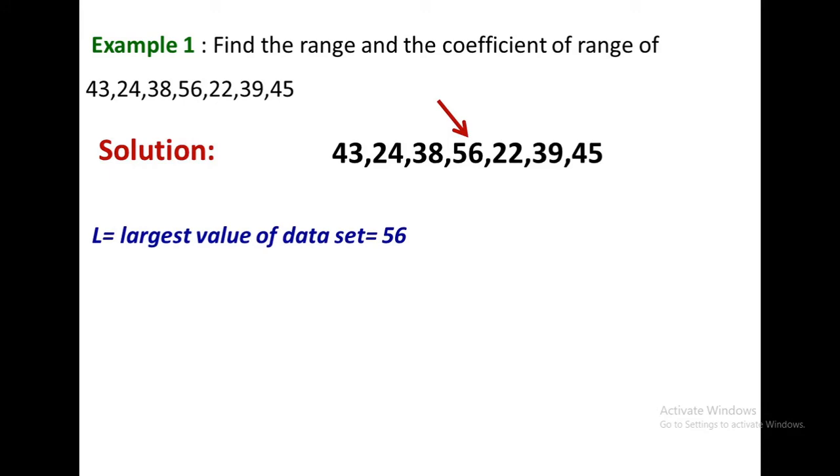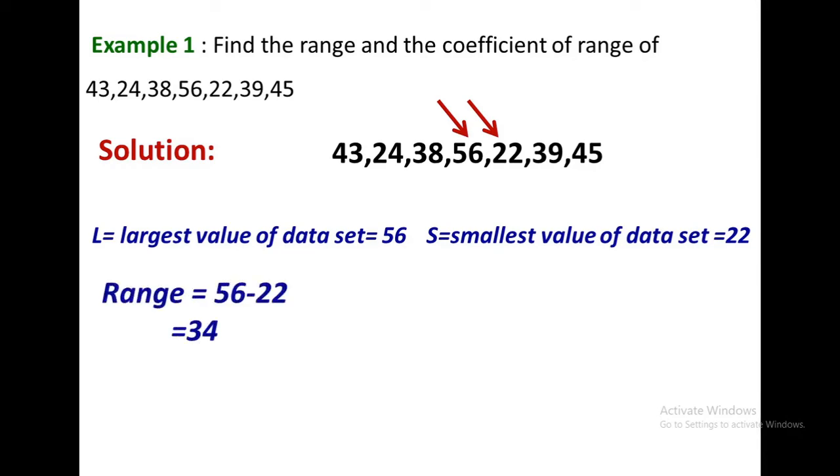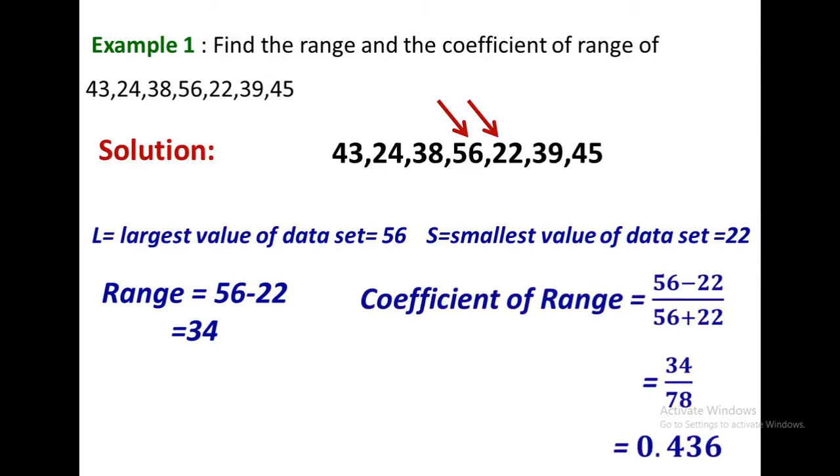Then we find the smallest value of the data, that is 22. With the help of the formula, the range is 56 minus 22, that is 34, whereas the coefficient of range will be 56 minus 22 divided by 56 plus 22, and it will give us a value of 0.436.